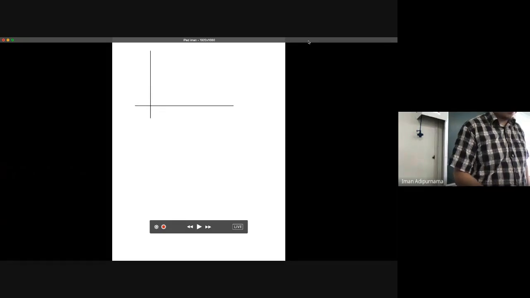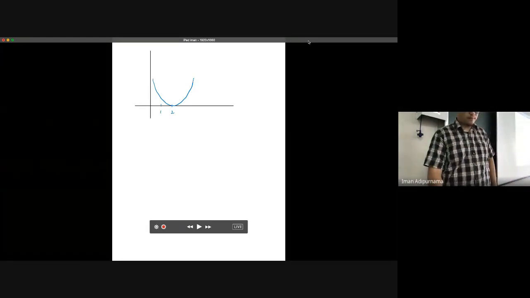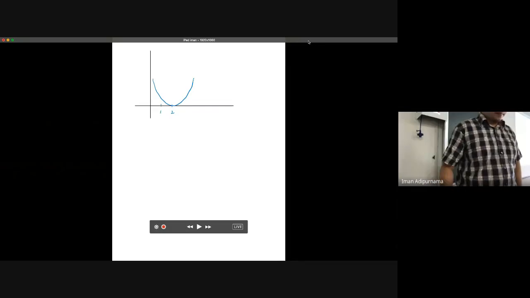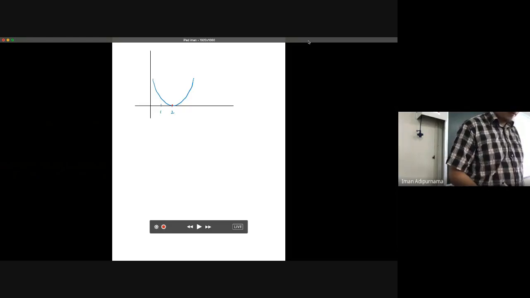Okay, I will start with the polynomial functions, but let me draw some quadratic functions. At this point P, I have (2, 0), right?